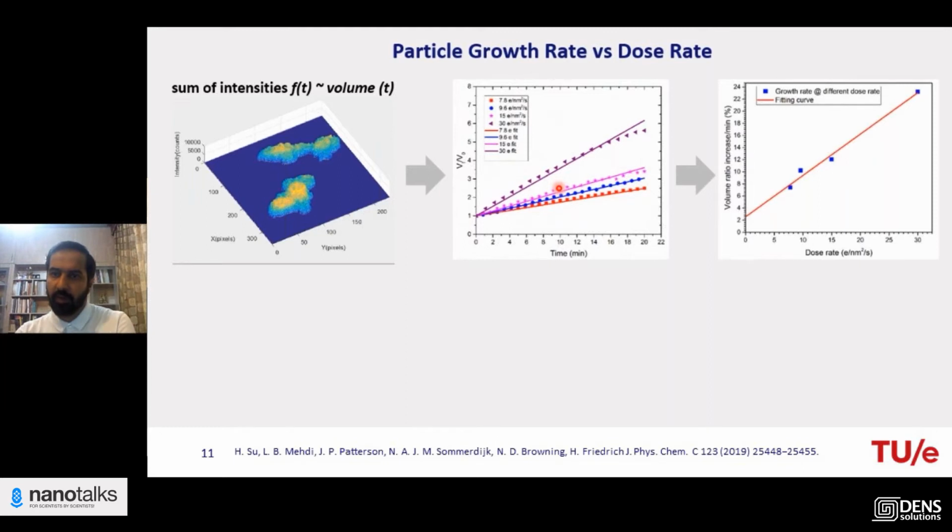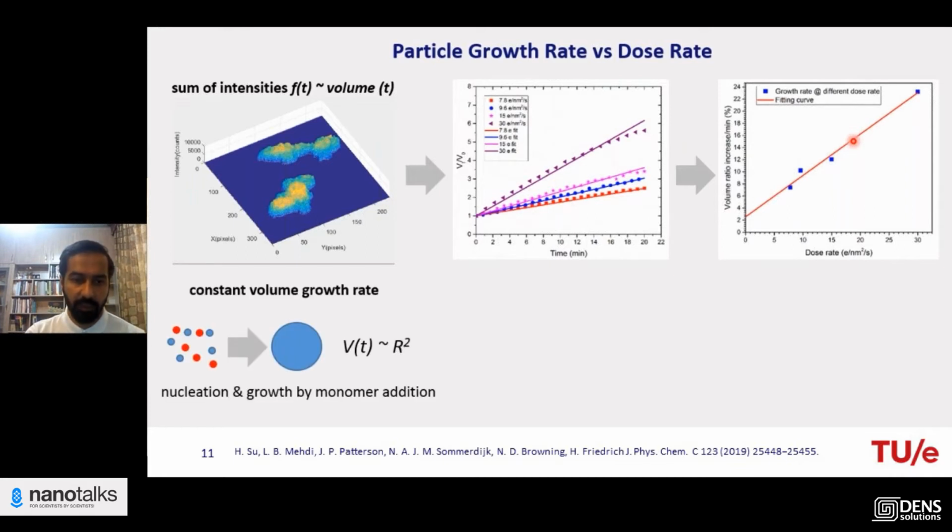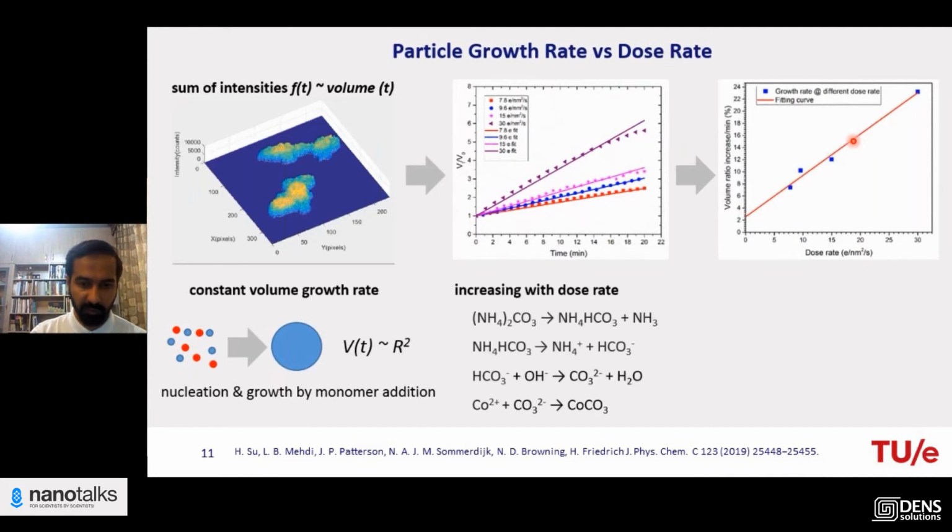So the volume ratio increase versus the dose rate is giving a curve, which means for volume, the growth rate is related to the square of the radius, and that is in the literature related to a nucleation and growth by monomer addition mechanism.